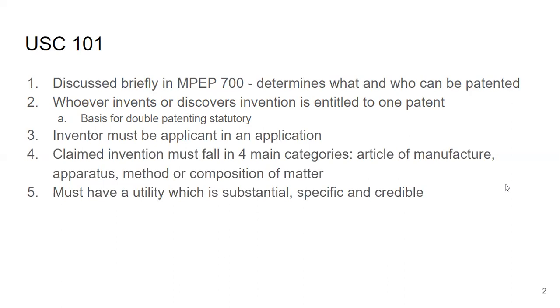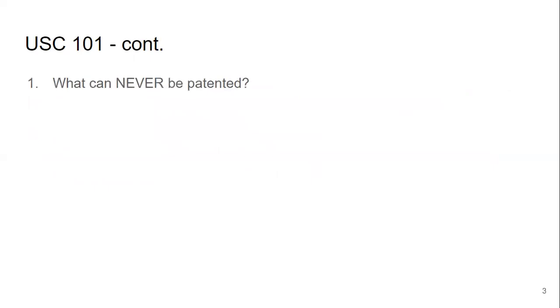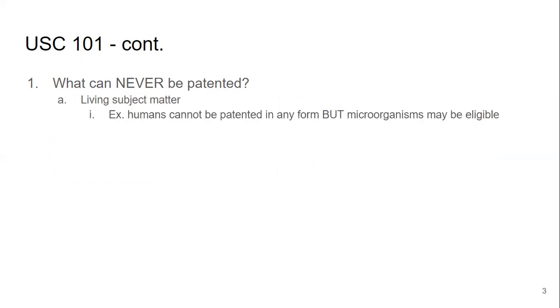It has to have a utility, which is substantial, specific, and credible. Now, as far as what can never be patented, this can be living subject matter. So humans cannot be patented in any form, but microorganisms may be eligible.